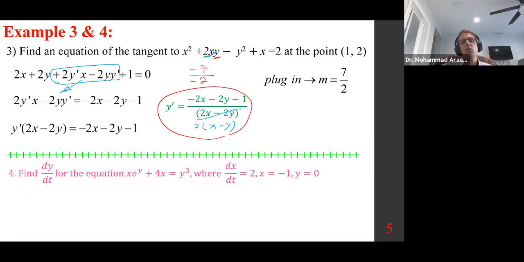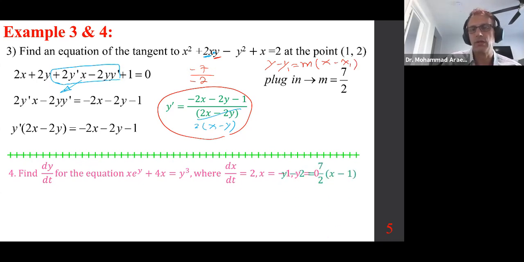So y minus y1, that means y minus 2 equals m, that means 7/2, times x minus x1, that means x minus 1.